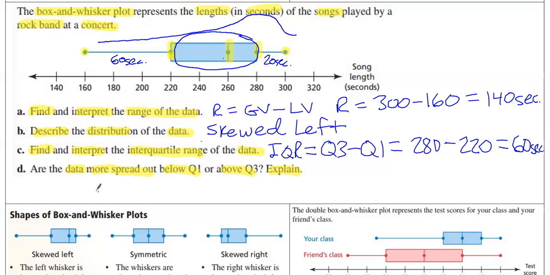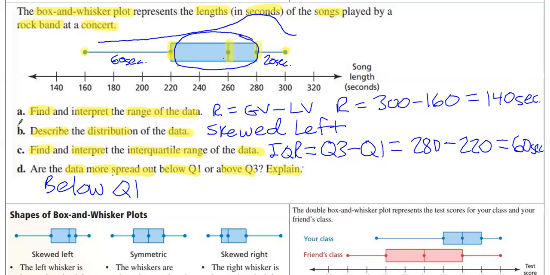So certainly below Q1. And then to save you from having to watch me write, let's explain. Well, the range of the data from the least value to the first quartile, 60 seconds, and the range of the data from the third quartile to the greatest value is just 20 seconds. And that's how we know that below quartile 1 is longer.